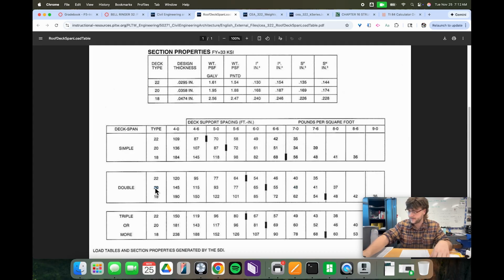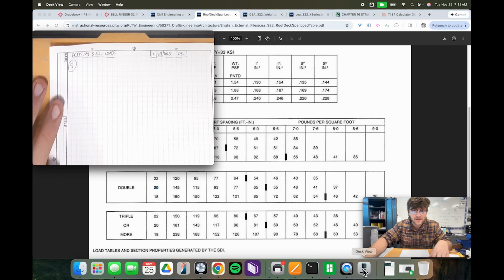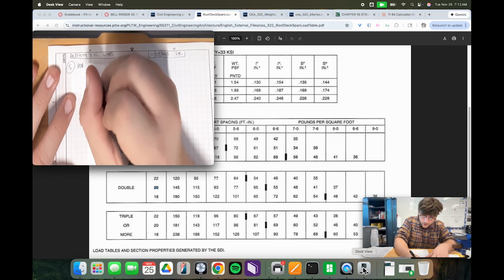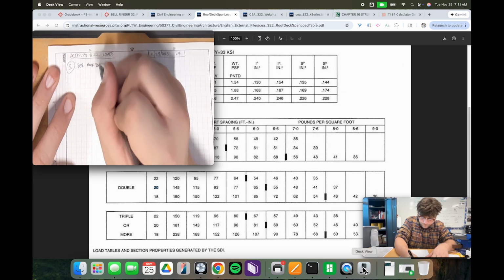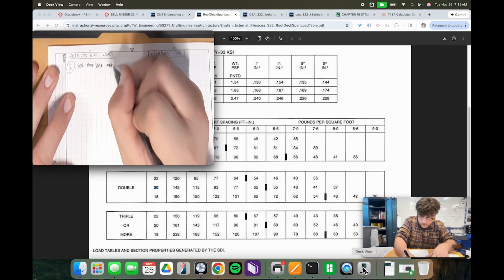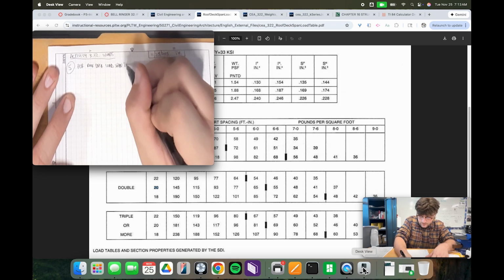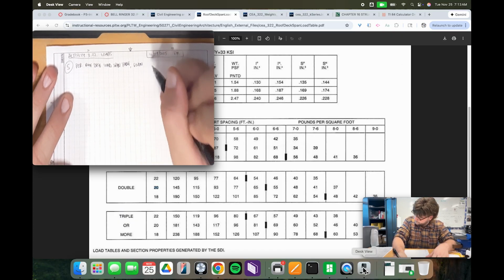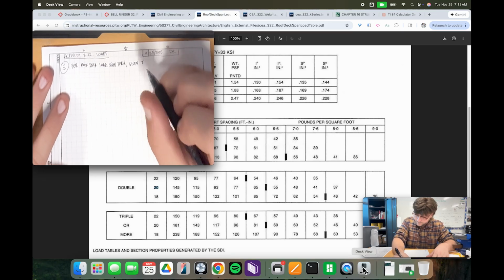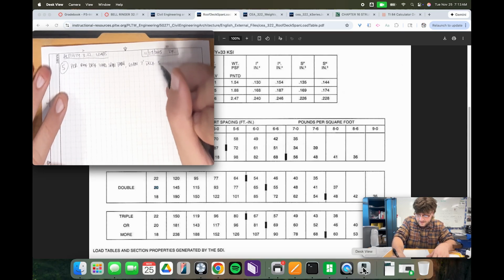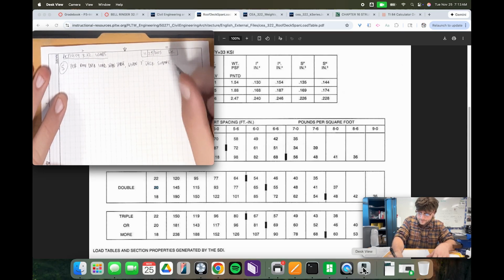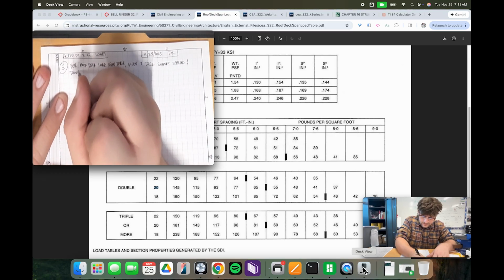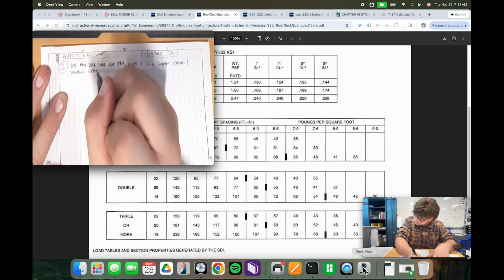And so what we want to do is put down here per roof deck load span table, given 7 foot deck support spacing, or you could say that as a clear span, and the double deck span, that is.